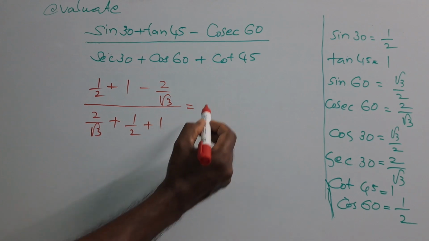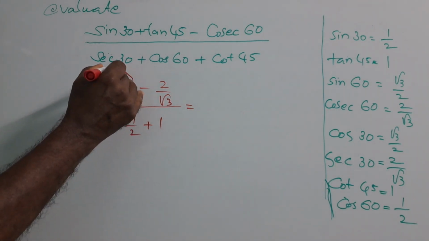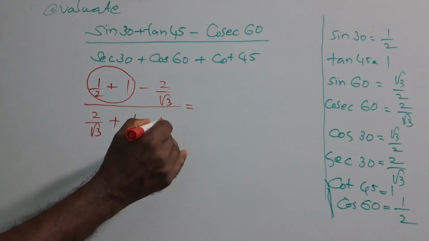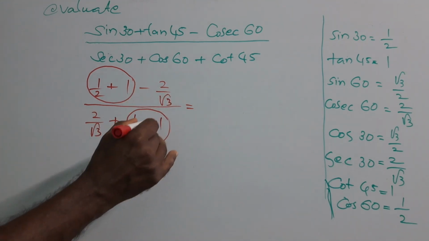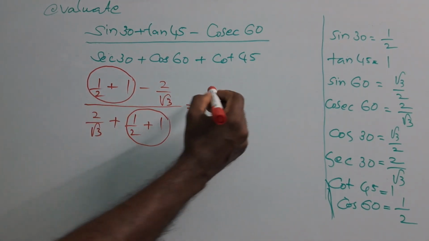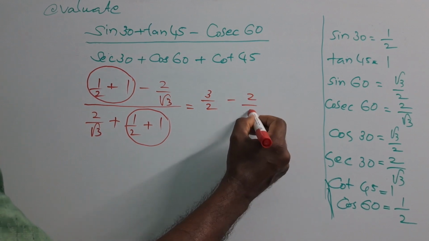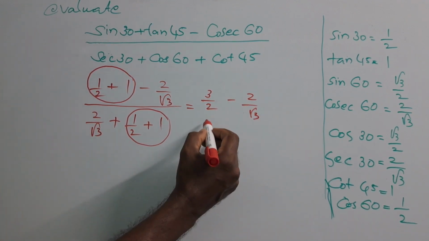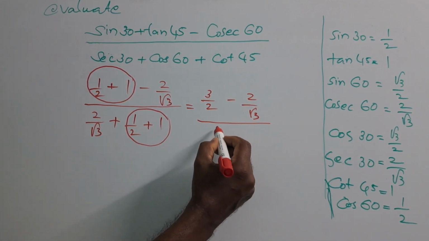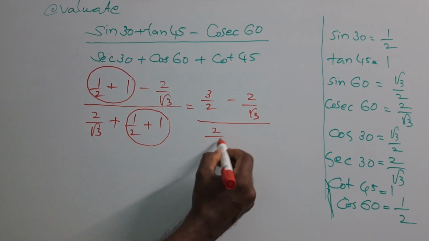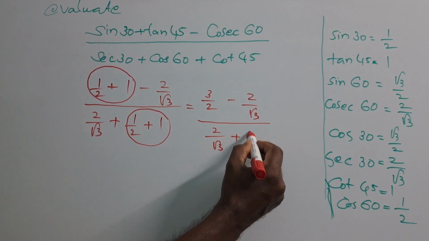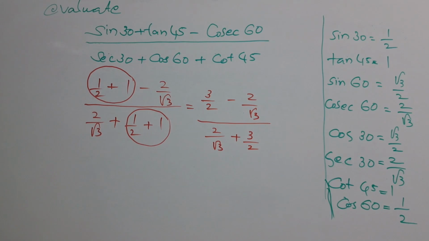For our convenience, I add these two values and these two values, 1.5 or 3 by 2. 3 by 2 minus 2 by root 3, divided by 2 by root 3 plus 3 by 2.